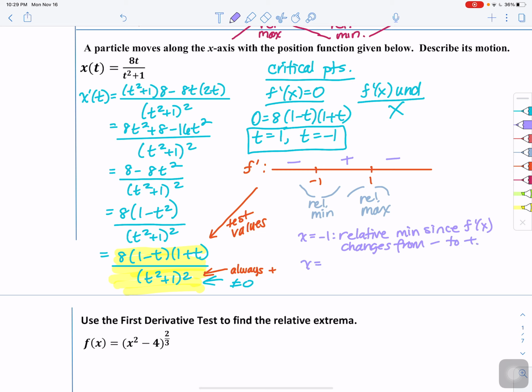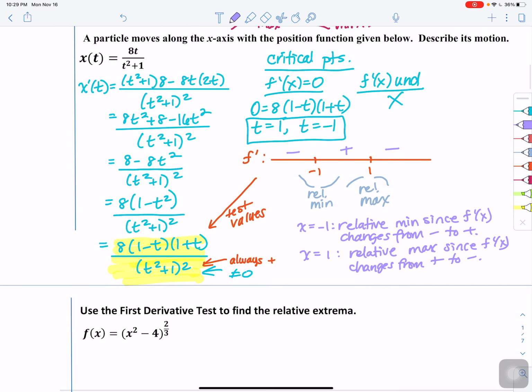And x equal to +1, we said was a relative max since f prime of x changes from positive to negative. You can also say since f prime of x changes from decreasing to increasing or something like that.